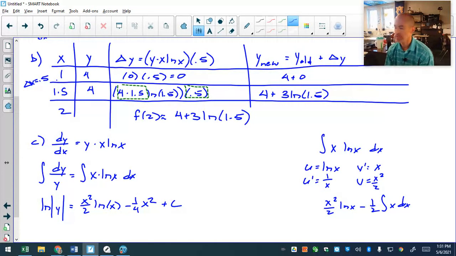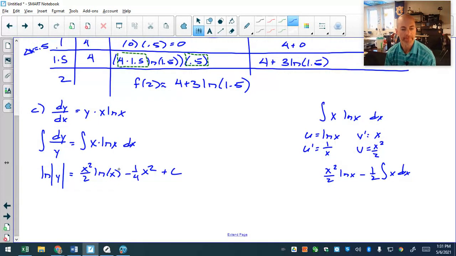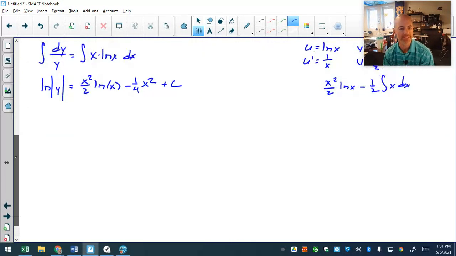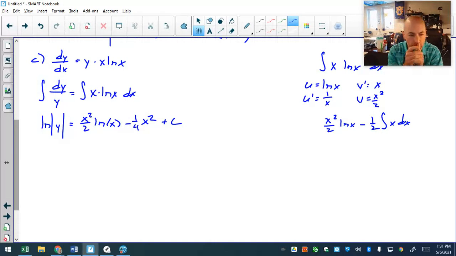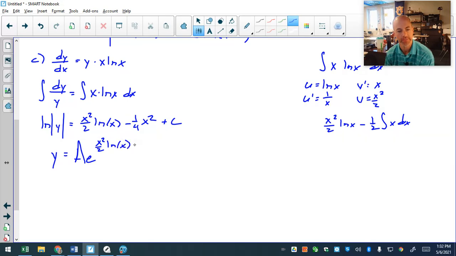My initial condition is (1, 4). I typically, when I have a natural log in a differential equation, will solve for y before I solve for the c. But I think in this case, should I? Yeah, I guess I will. So I'm going to go ahead and solve for y. So that'll be a times e to the x squared over 2 natural log x minus 1/4 x squared.